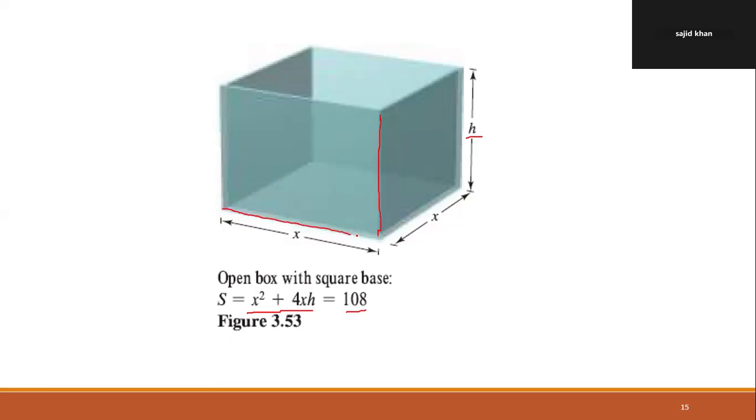It gives the front face of that open box, and it has area xh. Similarly, xh for the rest. So overall 4xh is the area of the sides of the box, and the base has x square. So the combination of x square plus 4xh is equal to 108.